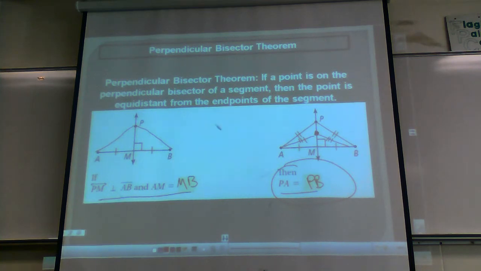If you got a perpendicular bisector, any point you pick on that line, even if it doesn't look like it extends beyond it, like if it's down here, if they extend it down this way, any point that's on this line is going to create two equal segments to the endpoints. Okay? So that's pretty much it. That's all it says.